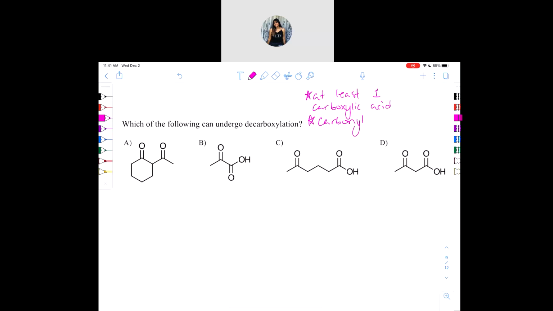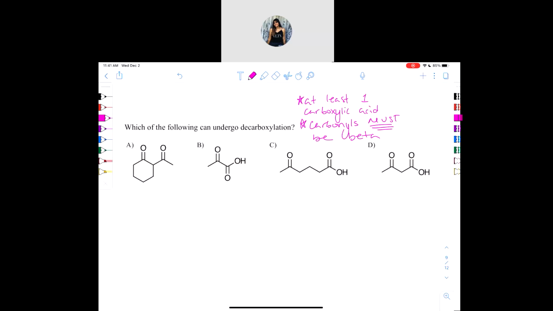And we need the carbonyls to be beta. Perfect. So the first thing that we notice is this one's beta. This one is not beta. What's their relationship?